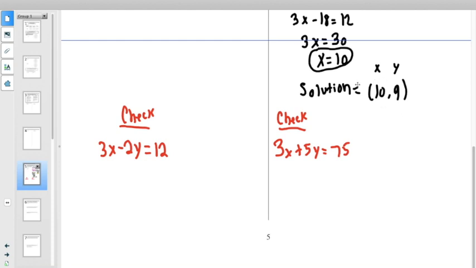Let's substitute in our values. I know x is 10, y is 9. So for x, I'm going to plug in 10. For y, I'm going to plug in 9. 3 times 10 is 30. 2 times 9 is 18. Does 30 minus 18 give me 12? It does. That checks.